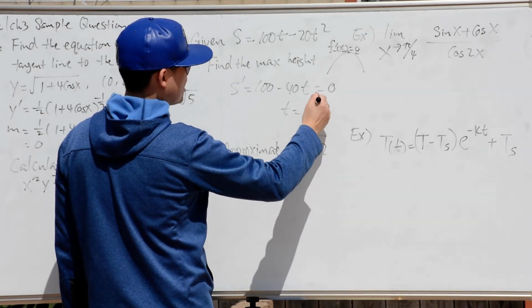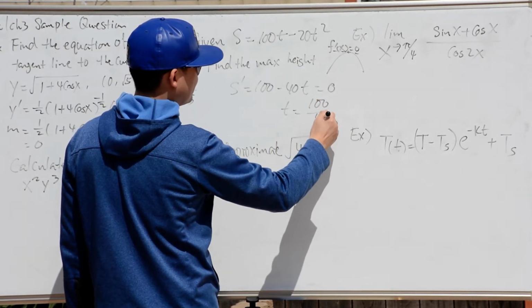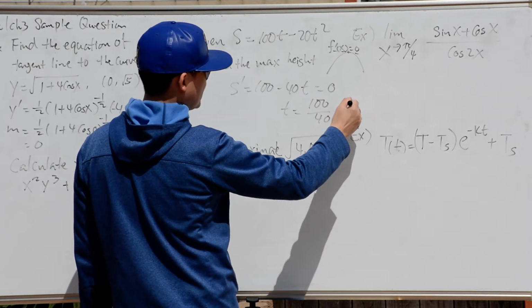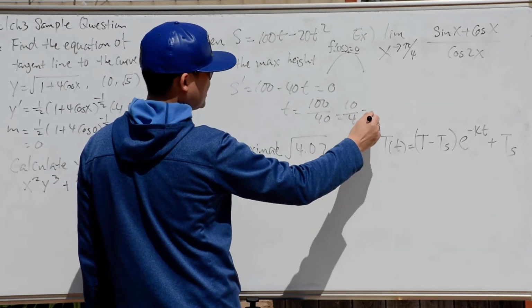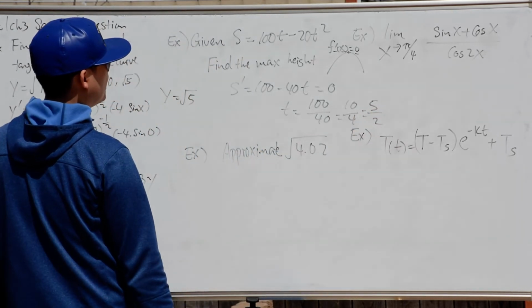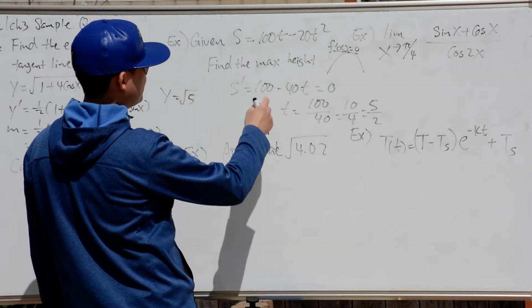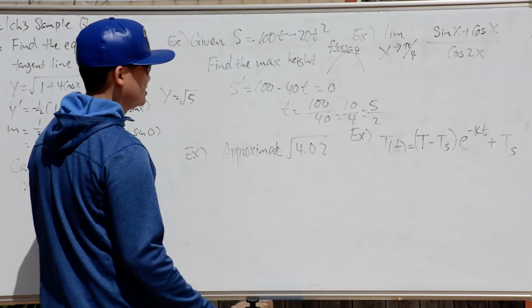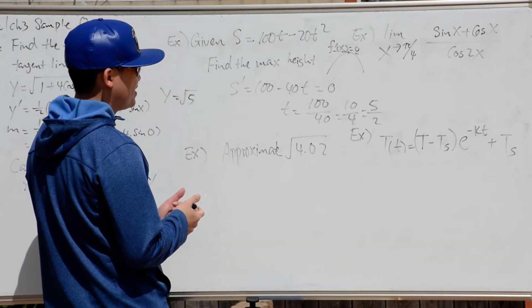We have 100 divided by 40, reduce it, 10 over 4, reduce again, 5 over 2. So the time it takes for the object to reach the highest position is 2.5 seconds.